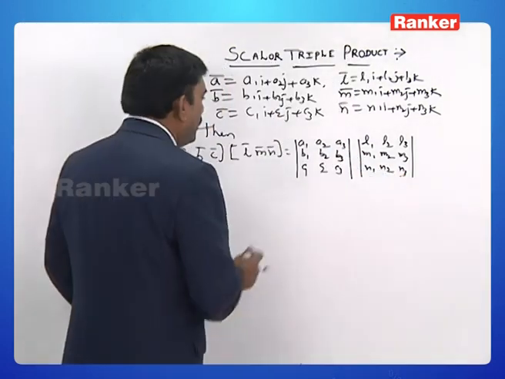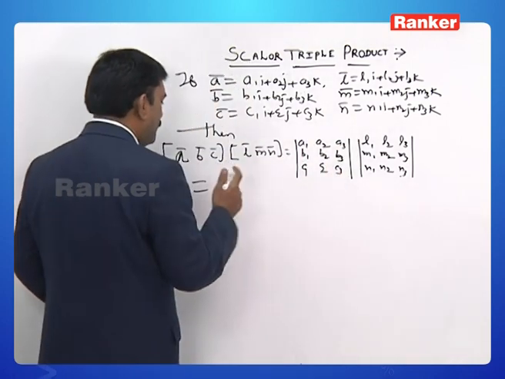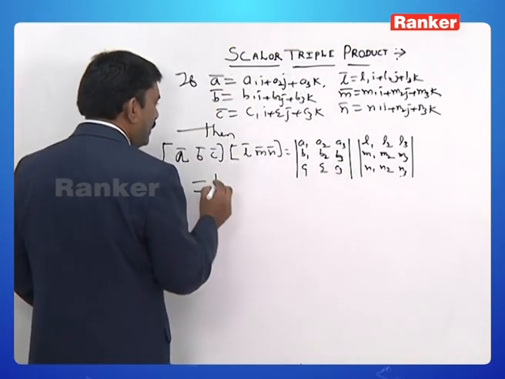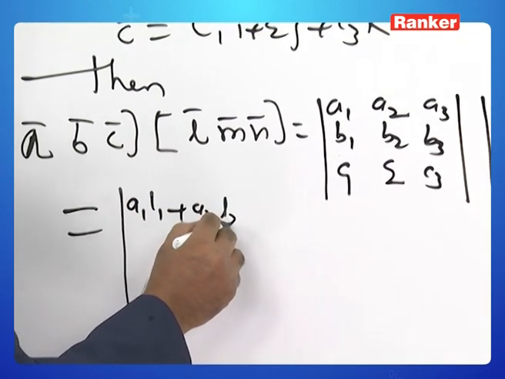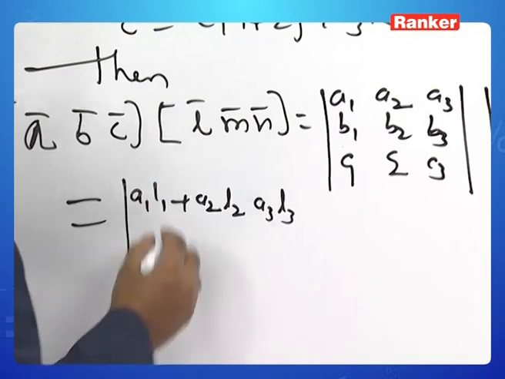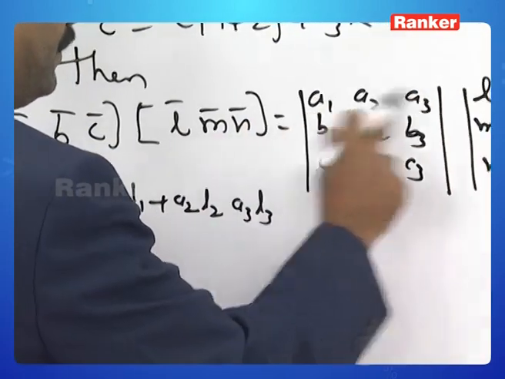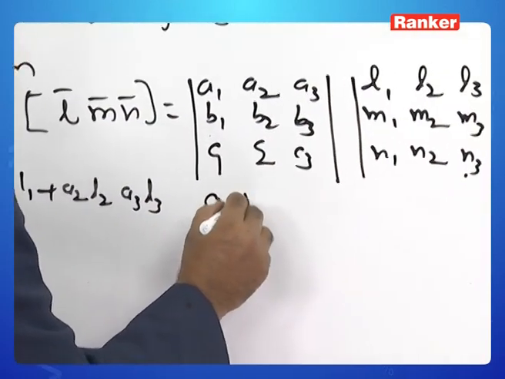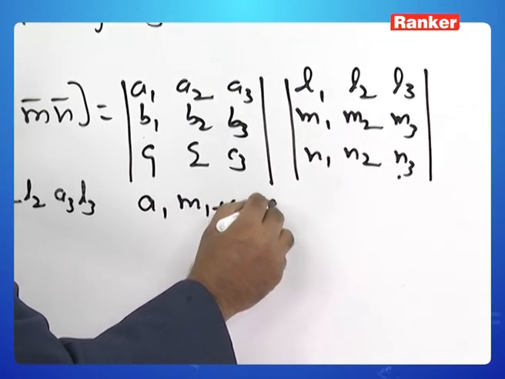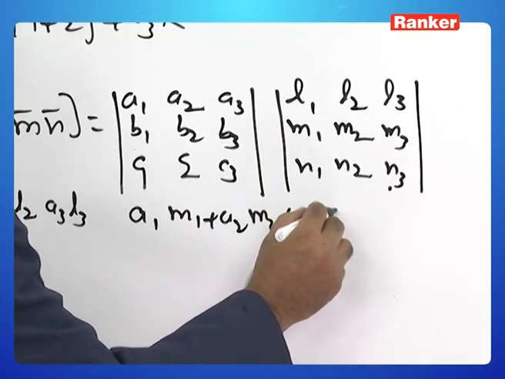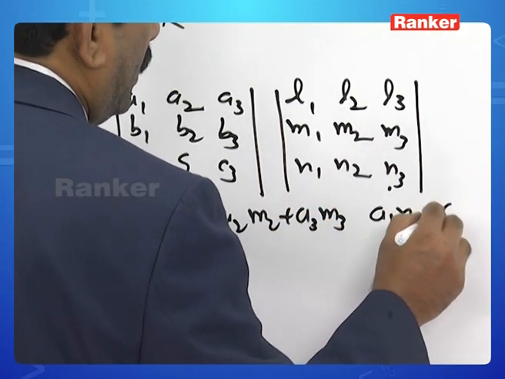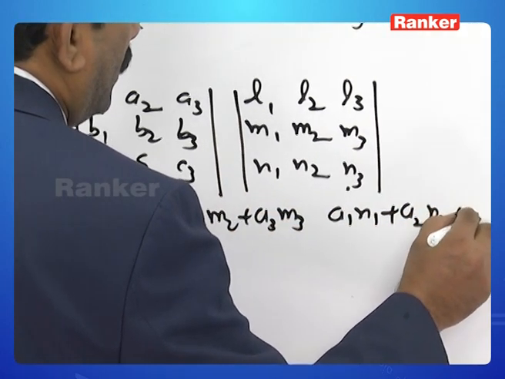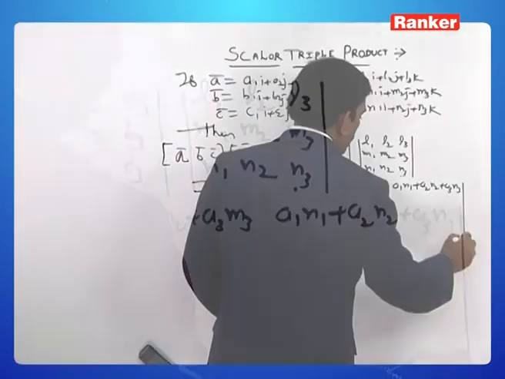Multiply first row with first row. I can write the determinant: A1 L1, A2 L2, A3 L3. Next, first row with second row: A1 M1, A2 M2, A3 M3. Next, A1 N1, A2 N2, A3 N3.